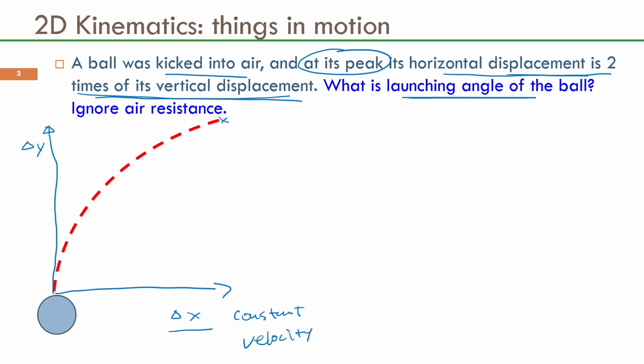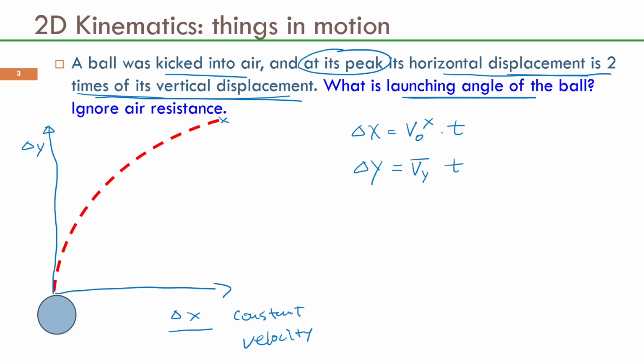So my delta x equals v0x times t, because my motion has a constant velocity. And along the vertical direction, it's not constant velocity, it's constant acceleration, and the acceleration is g going down. But we can write my vertical displacement equals the average vertical velocity times t.